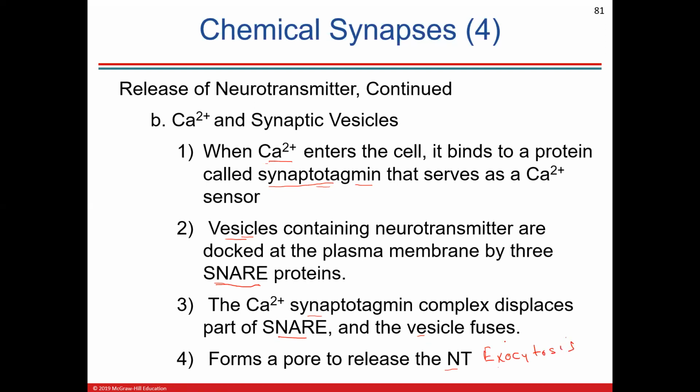So basically, this complex displaces the SNAREs, those proteins. It's all about proteins, right? So that has to work pretty easily. So not too many things go wrong with that actual process of calcium fusing and then releasing the neurotransmitter through exocytosis.